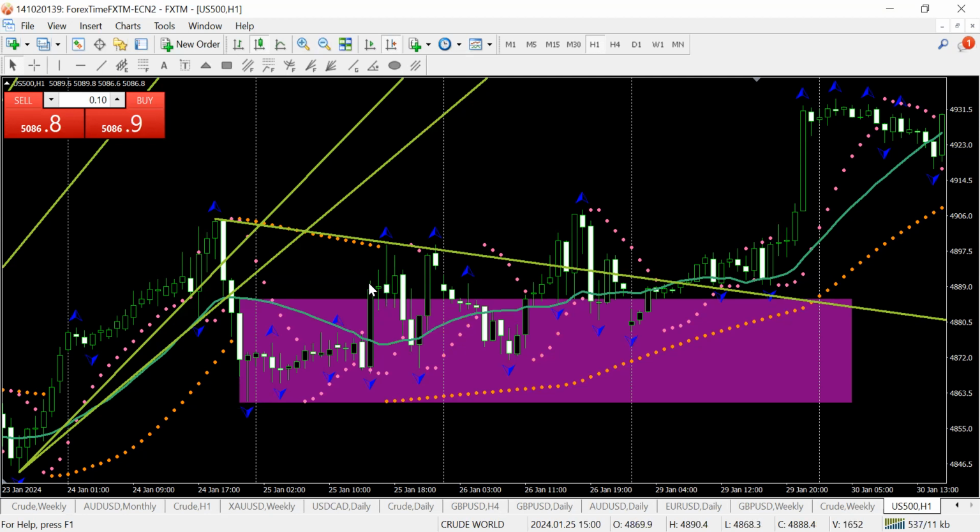But it could not close above the high, so it's not a breakout. If it had closed above the high of this bullish engulfing, that would have been a breakout. So it closes below the high, and there is also no sign of a PISA for it to confirm bullish continuation. The only thing it did was generate a buy signal with a higher PISA, then went down to hit that PISA in order to help you confirm that buy confirmation.